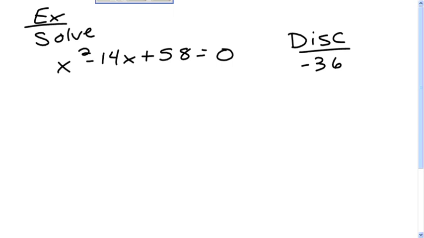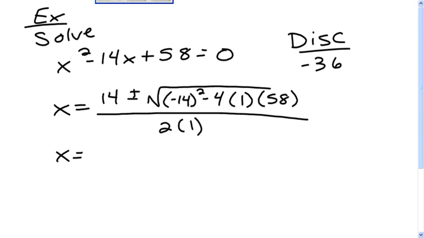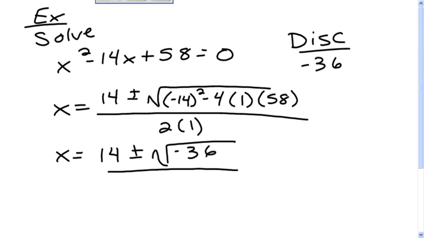Then what I'm going to do is take one of those solutions and check it. So pause it at this time, please. Please do the quadratic formula on this problem, solve it, simplify your imaginary, and then we'll come back and go through the answers. So when I plug this into my quadratic formula, I get 14 plus and minus the square root of negative 36 all over 2.